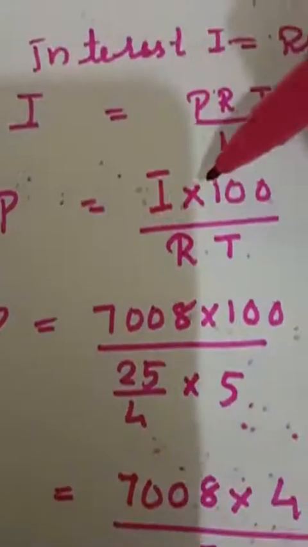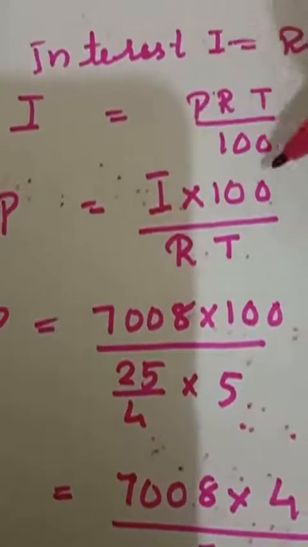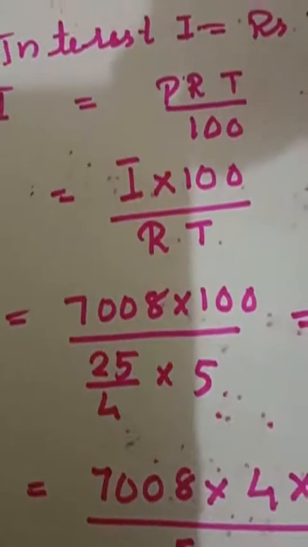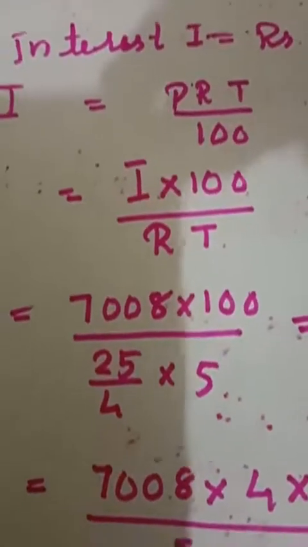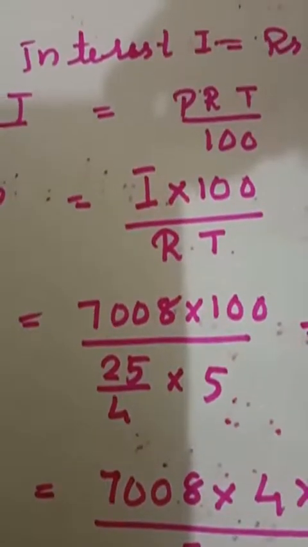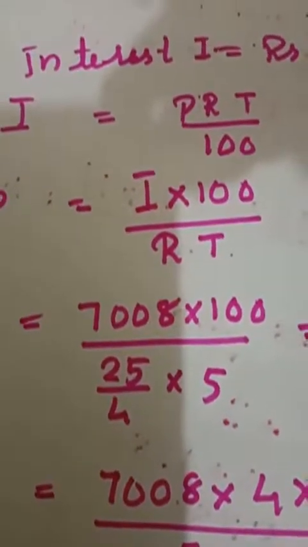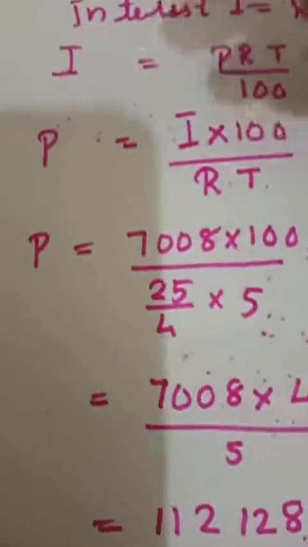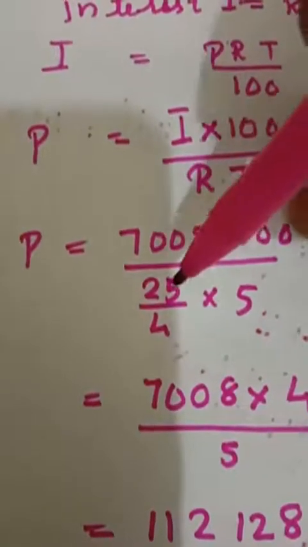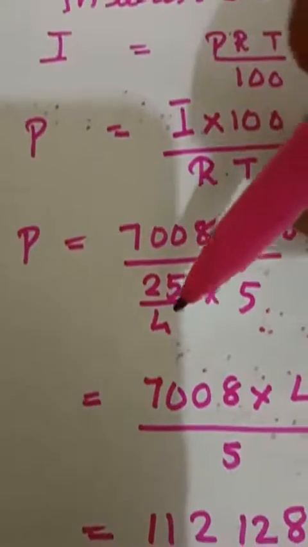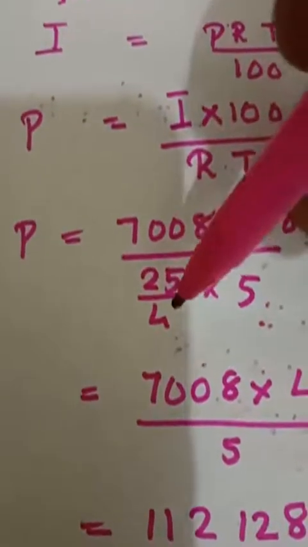So P is equal to 100 I by RT, or I into 100 by RT. So I is 7008 into 100, by R 5 and T 25 by 4.